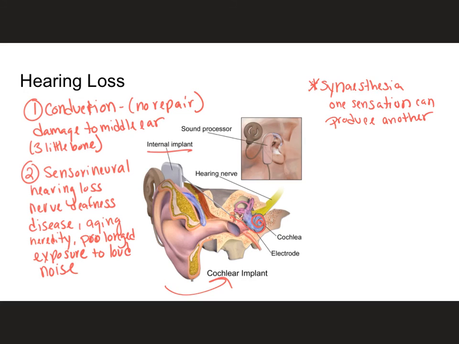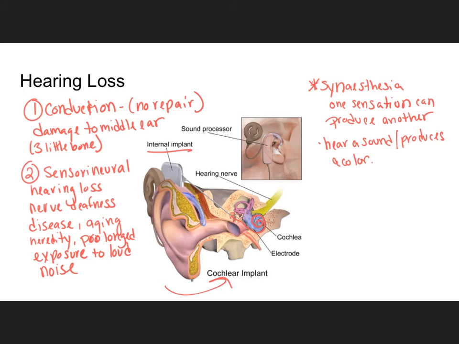For example, in some people, they can hear a sound, but it also produces a color. So again, this is a phenomenon that deals with sensation. Not everybody has it, but it's something just to be aware of.